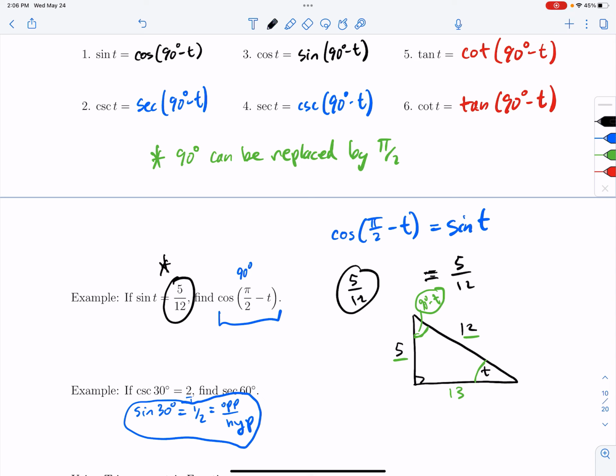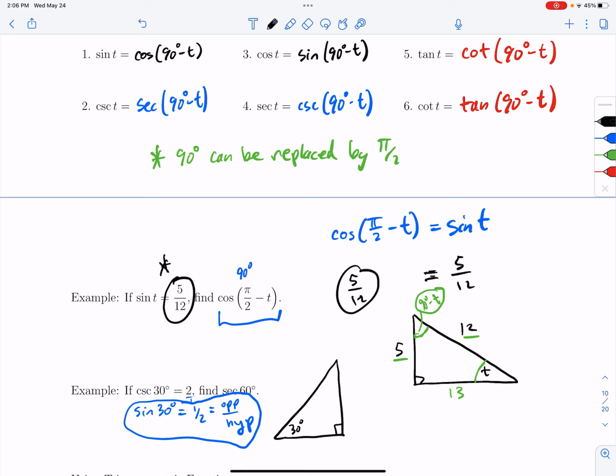Secant of 60 degrees. Well, secant is the reciprocal of cosine. So let's see what sine of 30 degrees gets for us. Now, one way to do this is if I draw a right triangle and I put 30 degrees down here.